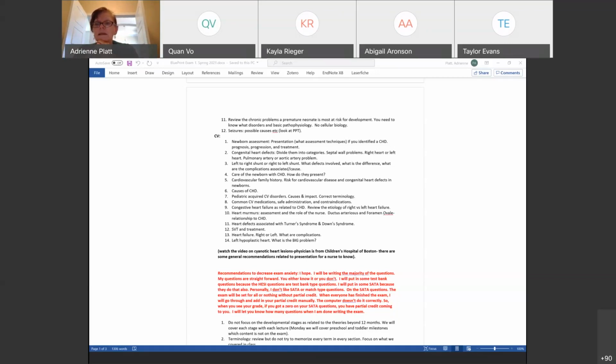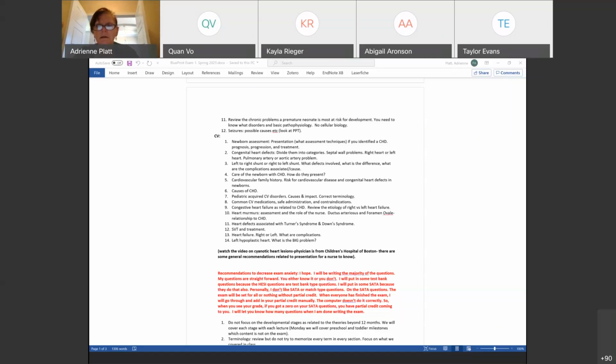So if it's a VSD, you remember you have high pressure on the left, lower pressure on the right. And remember your septal defects, the problem is dependent on how big it is. If you have a septal wall defect that is small, it may not even be noticed.